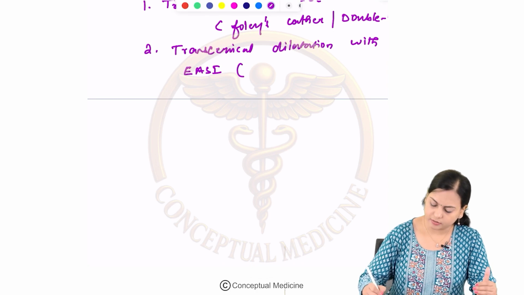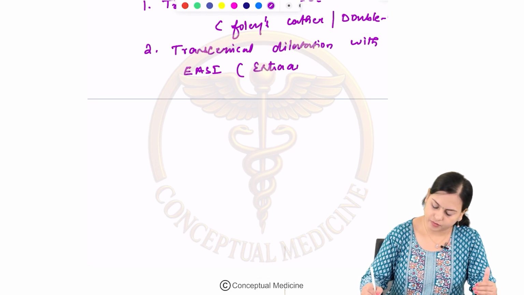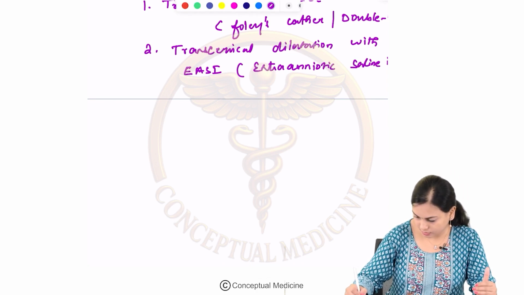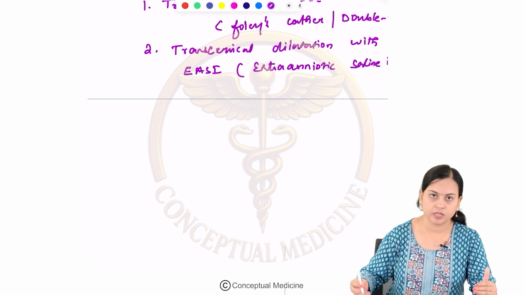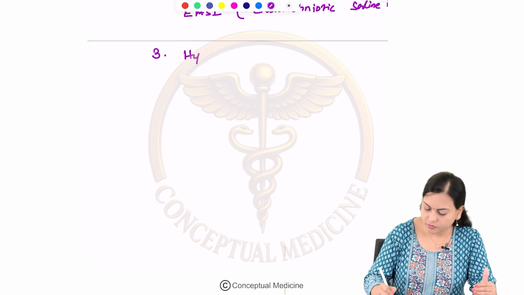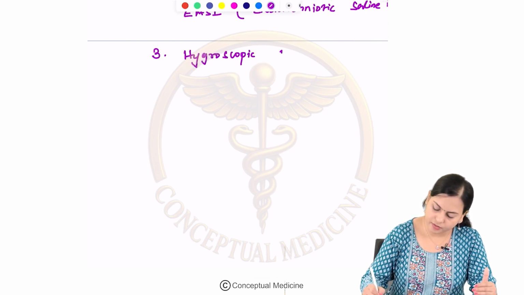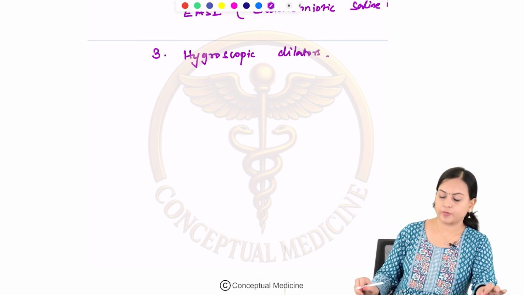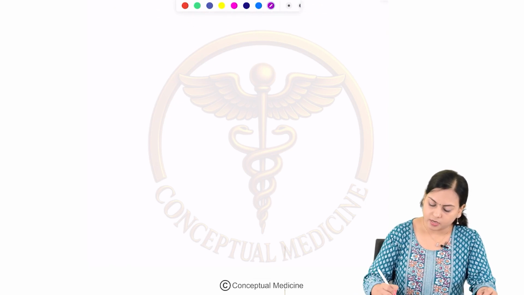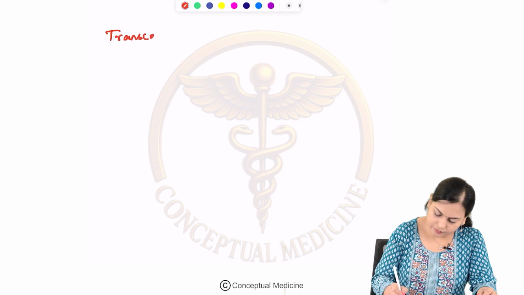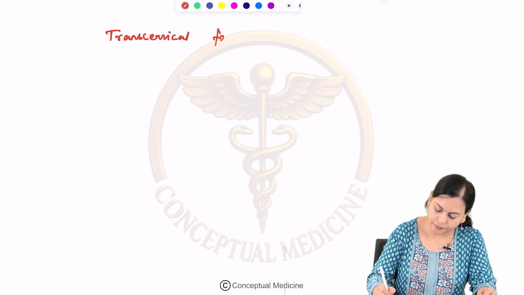EASI means extra-amniotic saline infusion. And the third type is, you can prefer to use hygroscopic dilators. Understood? So, these are the 3 methods. Now, we will see one by one. So, the first method is transcervical Foley catheter.